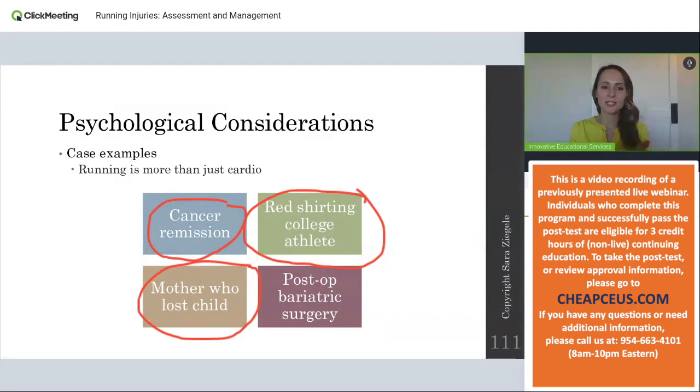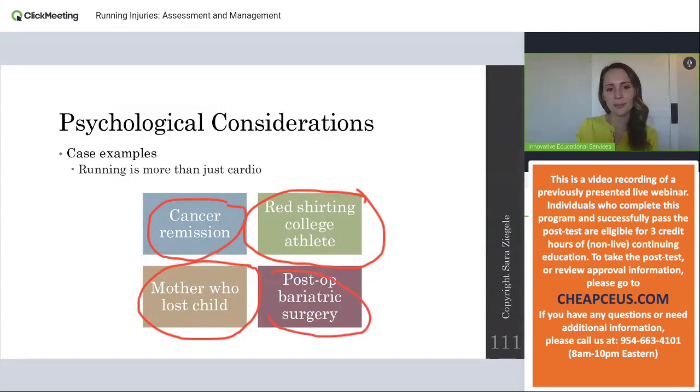So when she was told not to run, she felt like she lost her ability to connect with her child, which is something that I think transcended her physical pain. So when we're talking about the big picture, it's really important for us to understand who our patients are so we can know how they're going to take what our recommendations really mean for them.